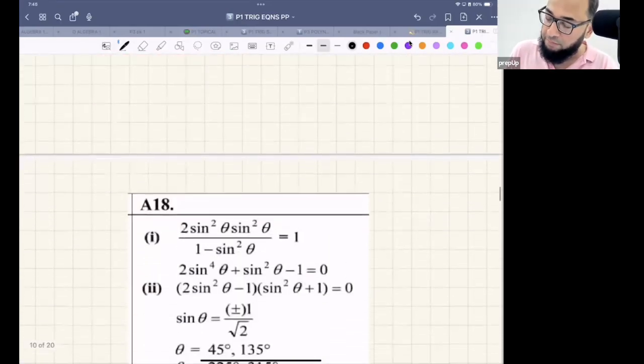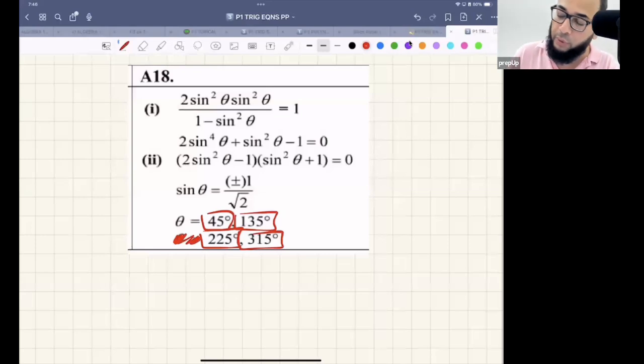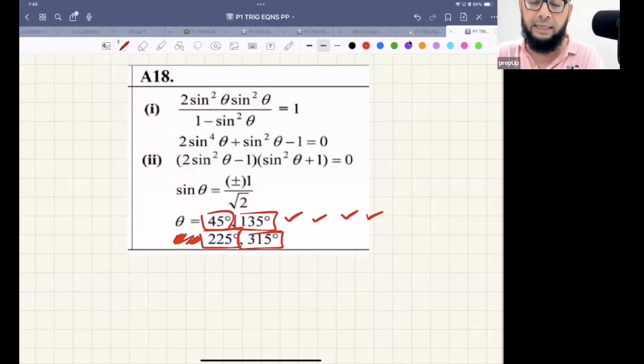Let me go to the mark scheme, and this is all good, all clear. First, second, third, and fourth, just write theta once, and the 4 answers are over there. So I hope this is all good, all clear, and this is question number 18. Let me write over here. So question 18, it's all good, all clear.